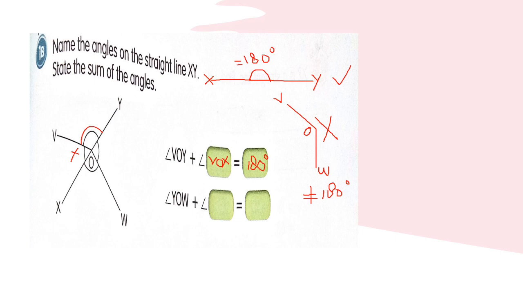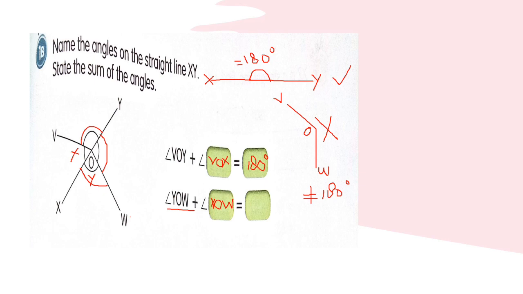How about these angles? Y, O, W. These angles. What is the angles beside YOW? Yes, it should be these angles here. So it starts with X. O is the middle point, so O is in the middle, and then W here.